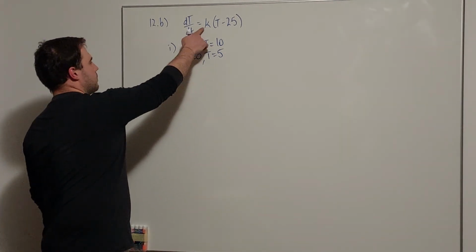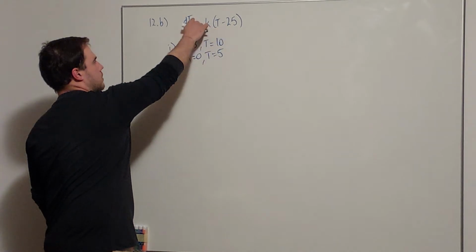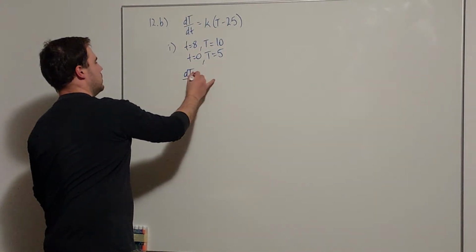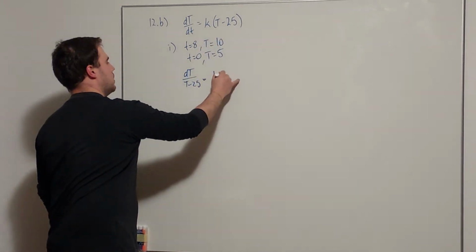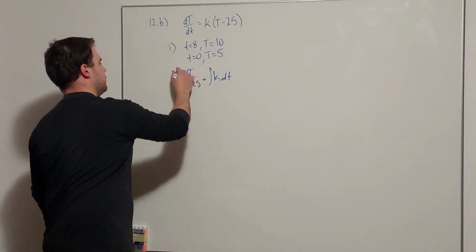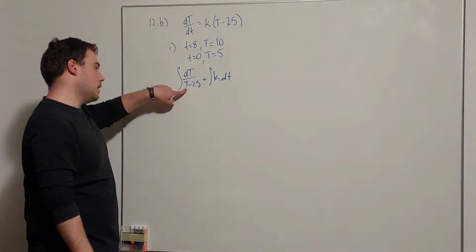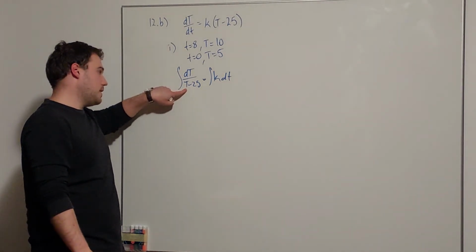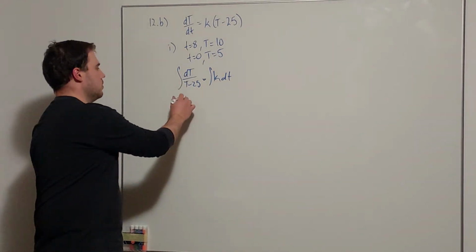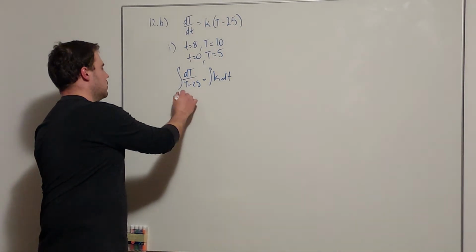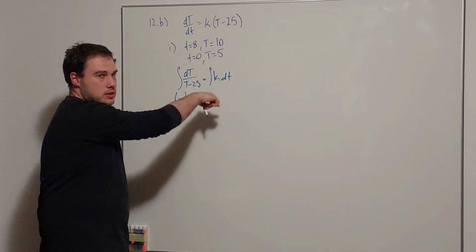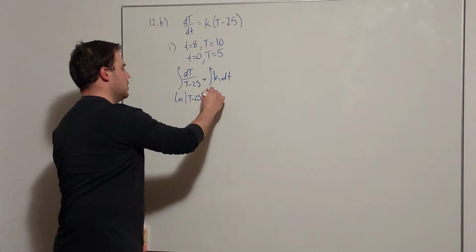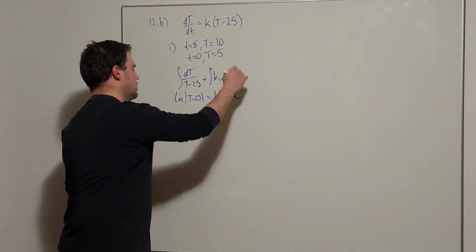Okay, so if I want to group capital T there, we're going to have dT on T minus 25 equals k dt. Alright, the derivative of T minus 25 is 1, which is in fact on top. So we can take natural log of T minus 25. That's a constant, so the integral with respect to t will be kt plus c.